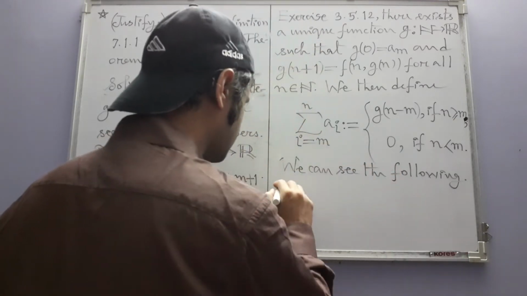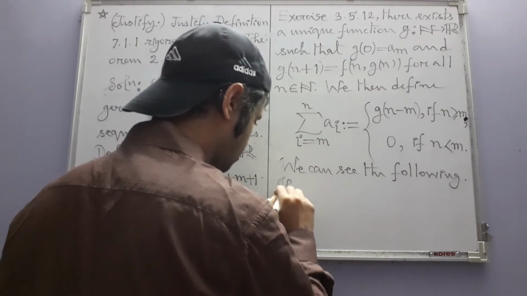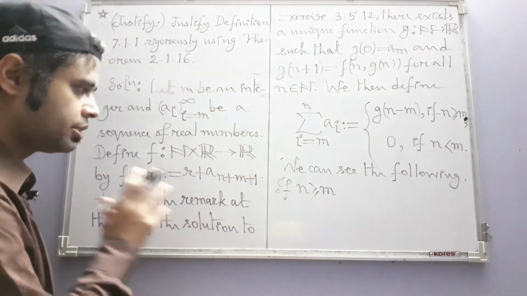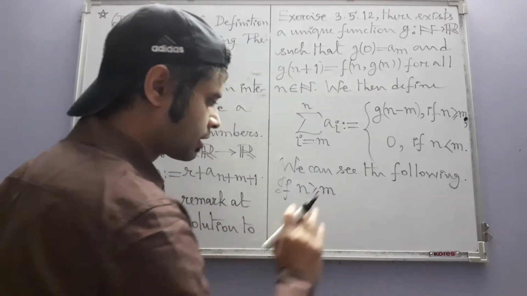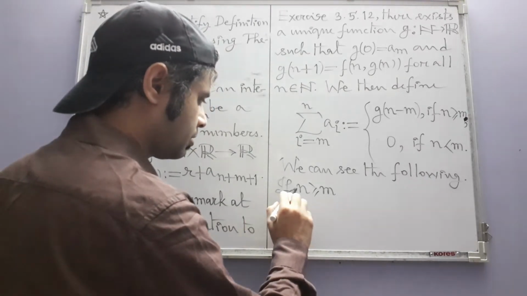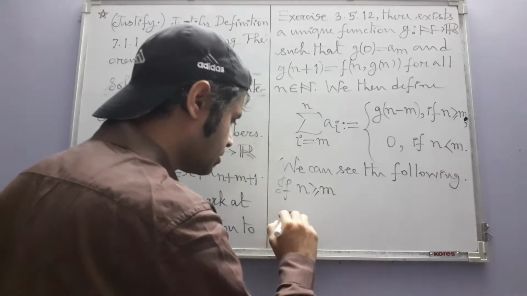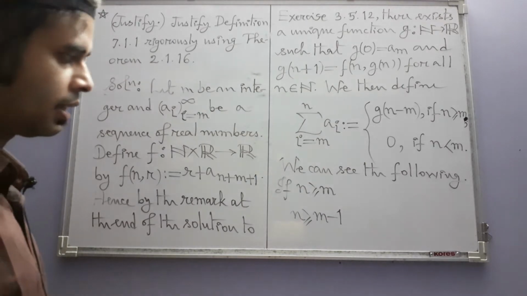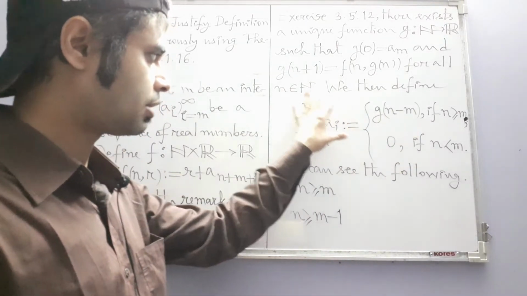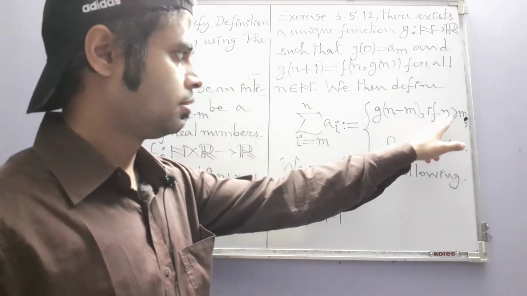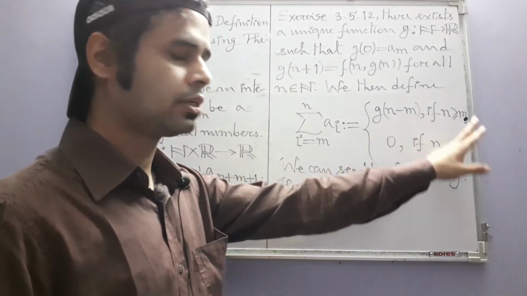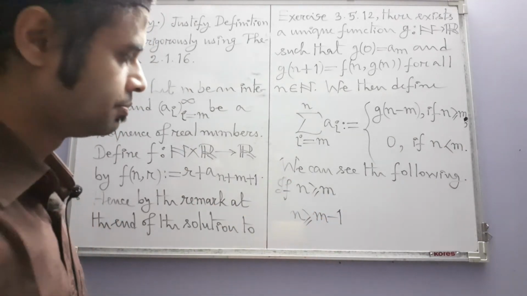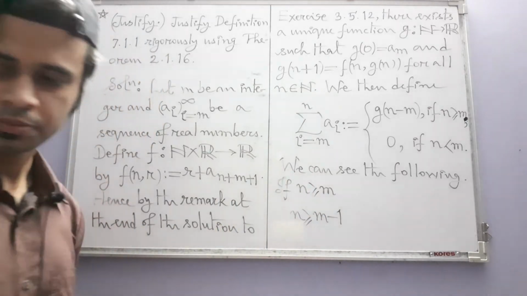If n is greater than or equal to m, note that in the original definition, the second recursive part does not exactly have this inequality or this condition, but rather this one. However, the way we have defined our symbol, finite series, it has one definition for n greater than or equal to m. So n equal to m minus 1, that case we have to treat separately. That we will do. Let us first look at this one.